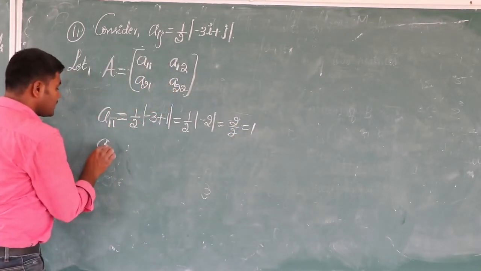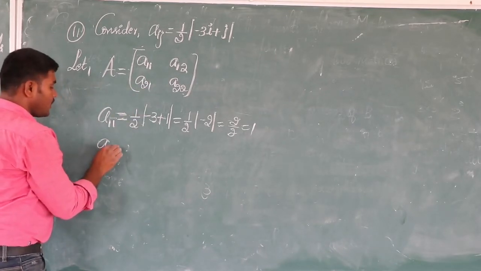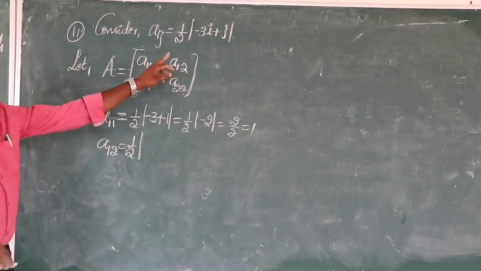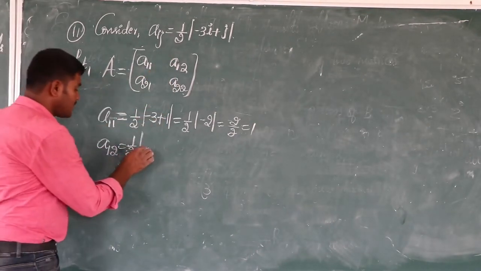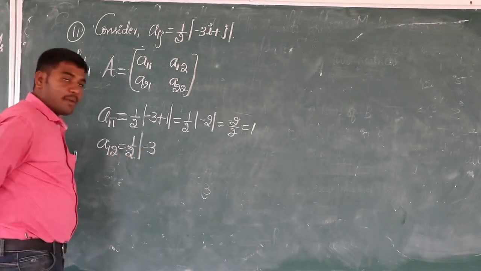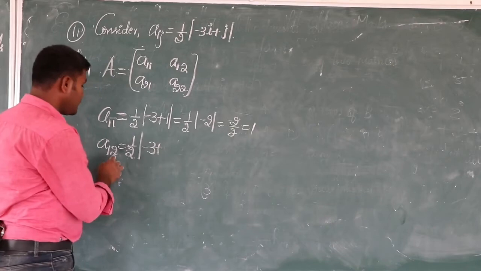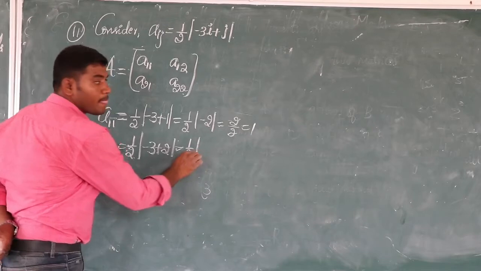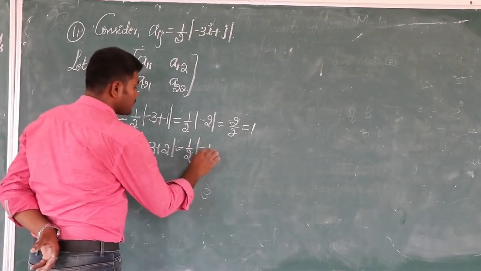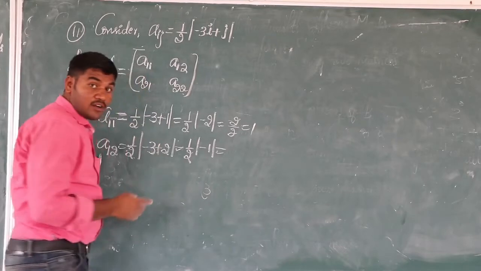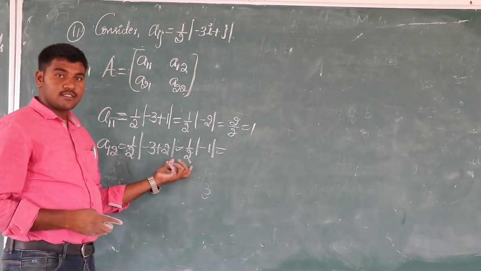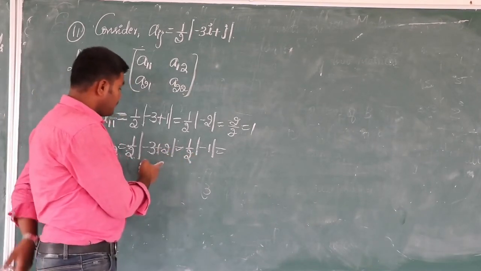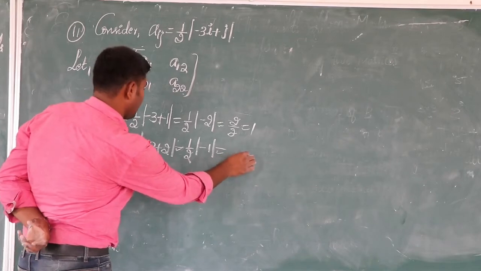Next, the first row second element a12: 1/2 |−3i + j|, so −3 × 1 gives −3, plus j, which here is 2. So 1/2 |−3 + 2| gives |−1|, and again the modulus makes it positive, so it becomes 1 by 2.